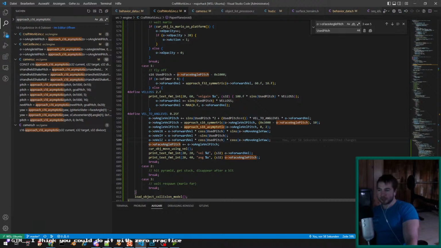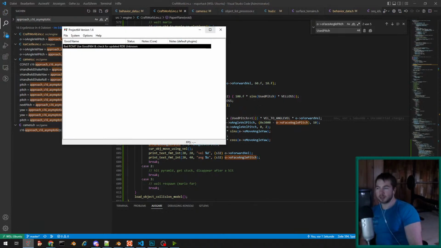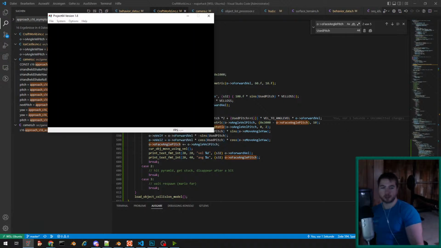Okay, next question is why does it do this thing where once it's turned down, it can no longer... It's because it's always going up. What if we do it like this? Is that roughly what we want? Yes, I think so.